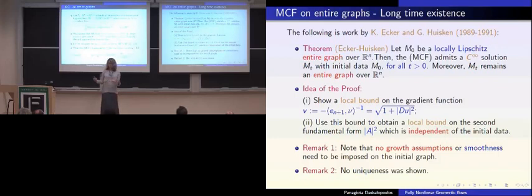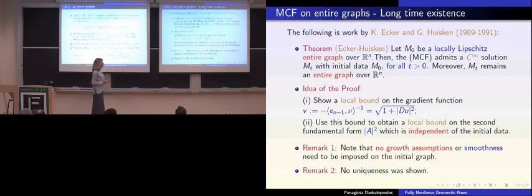So if the gradient function is initially bounded in a ball of radius r, then later it will be bounded in a ball of radius r/2 or something. And so you can introduce a cutoff function. Of course, the cutoff function has to be done in the right geometric sense, and you localize the gradient function. So then you know somehow that your graph is not going to turn vertical anytime soon.